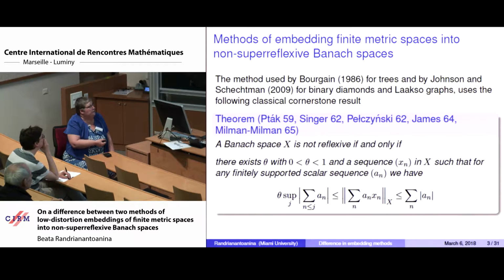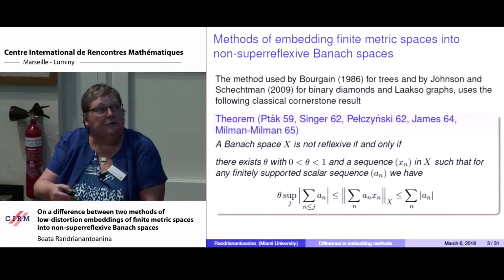It's a classical characterization of non-reflexive spaces. That a space is not reflexive if and only if there exists some non-zero number between 0 and 1 and a sequence which is fine, so that for any finitely supported scalar sequence, we have this inequality.